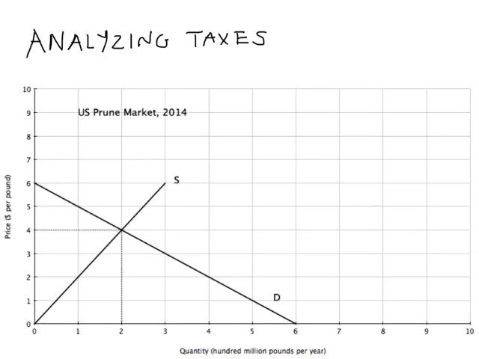So I've resurrected our prune market example, and just for ease of diagrammatic analysis, I'm going to suppose that there's a $3 per pound tax. It's a really big tax on prunes.